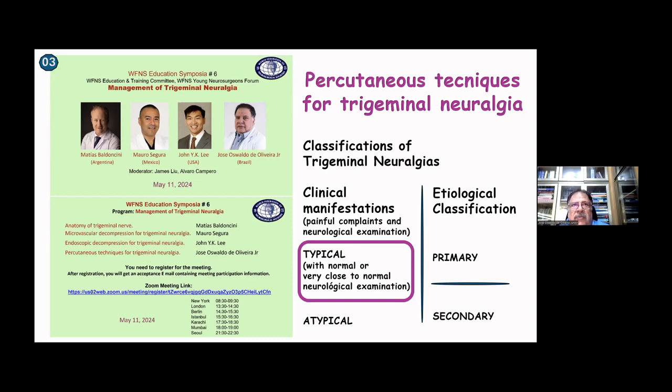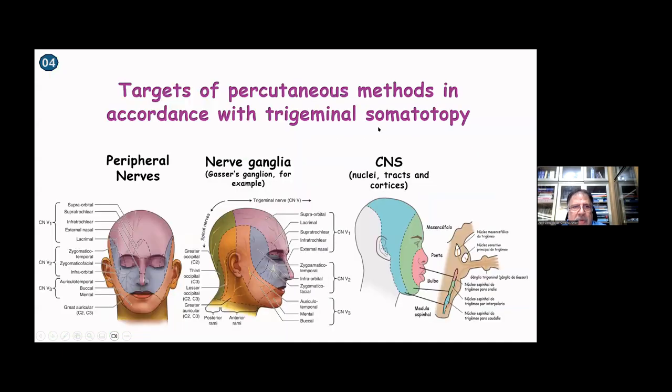We will adopt the clinical classification of trigeminal neuralgia: typical, secondary, or primary. According to the pain field complaint and the pain territory, trigeminal somatotopy allows choosing therapeutic targets in peripheral nerves, ganglia, or structures of the central nervous system.